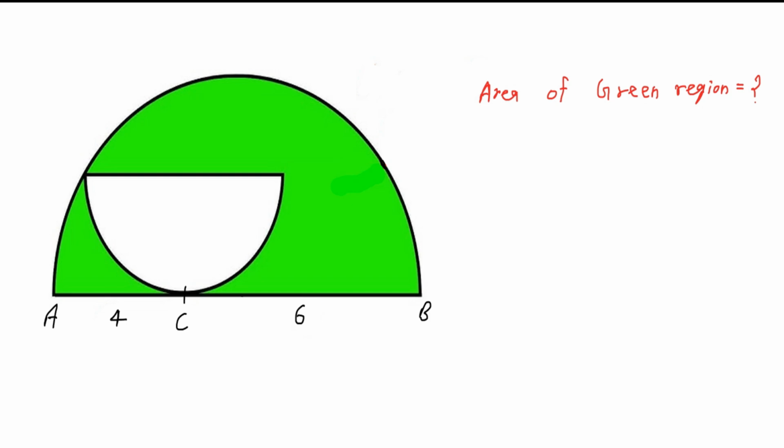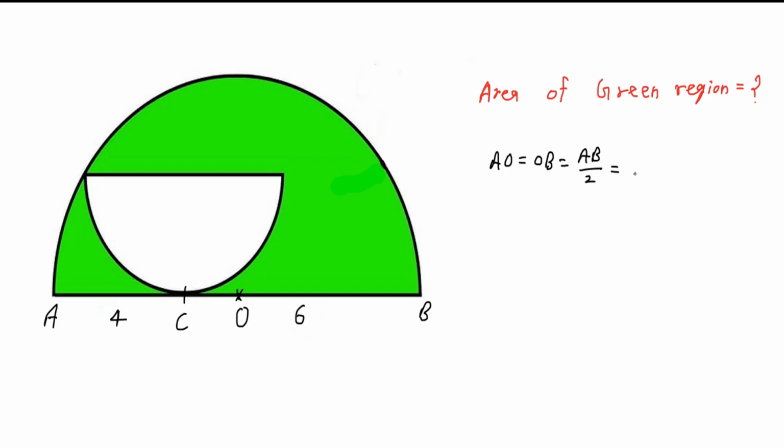So here, very first, we will be using some constructions. Let's call this point the center of the bigger circle and name it O. From here we can write AO is equal to OB, which will be half of AB.